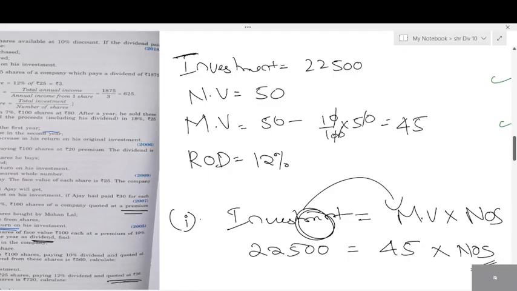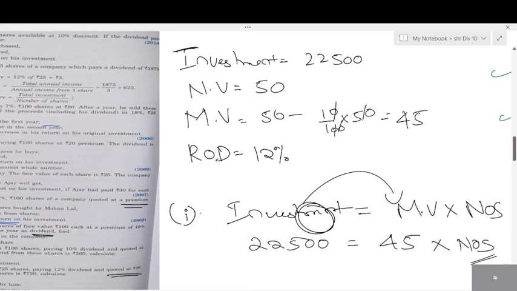So if you want to find number of shares, investment divided by market value. 22,500 divided by 45.